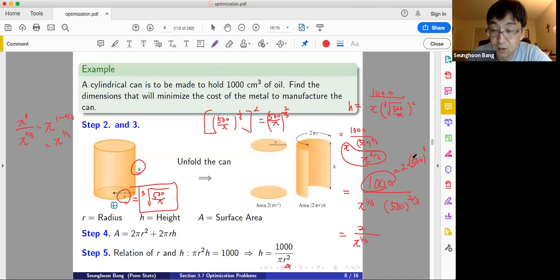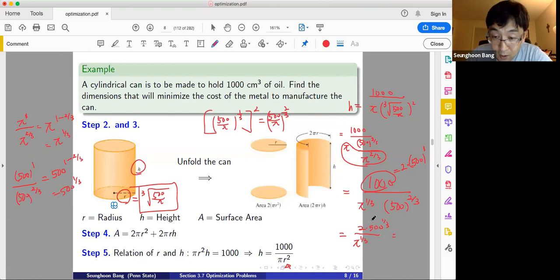You can combine 500 to the power 1 over 500 to the 2/3 here. So 500 to the power 1 minus 2/3 is 500 to the power 1/3. So we have 2 times 500 to the 1/3.